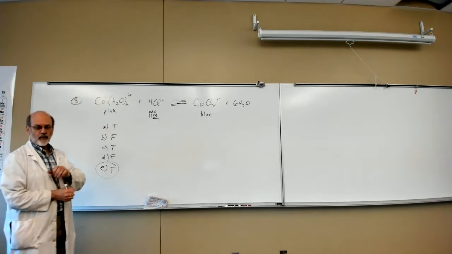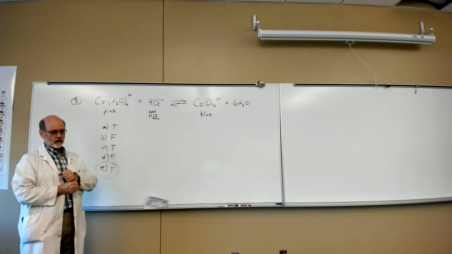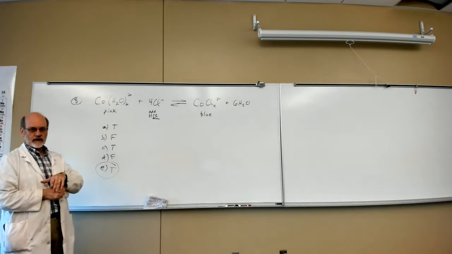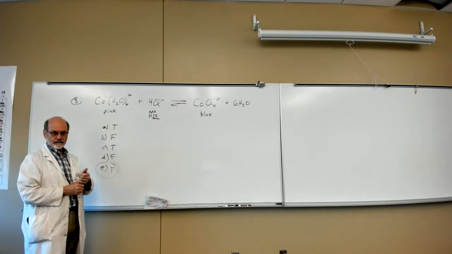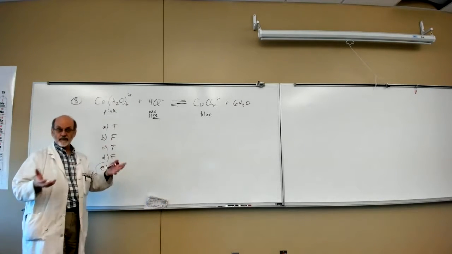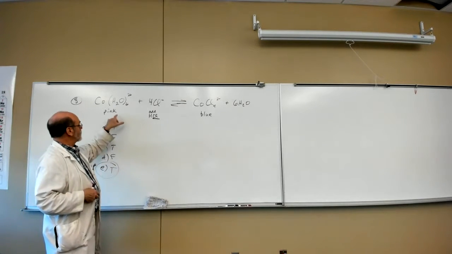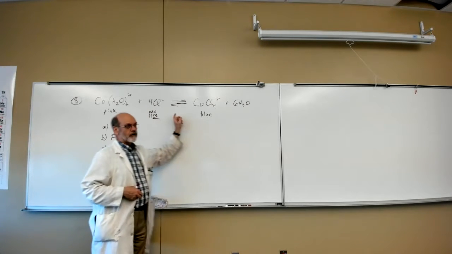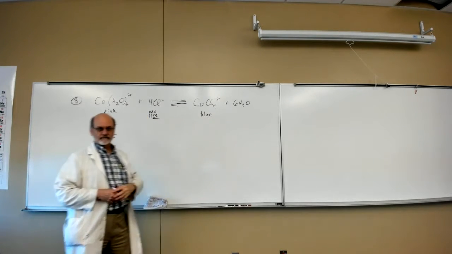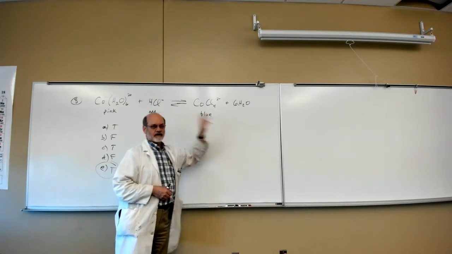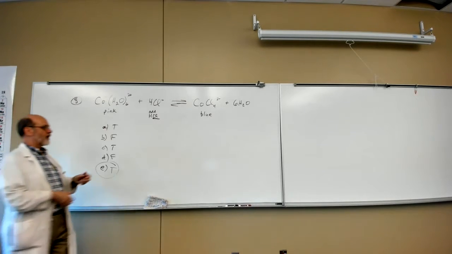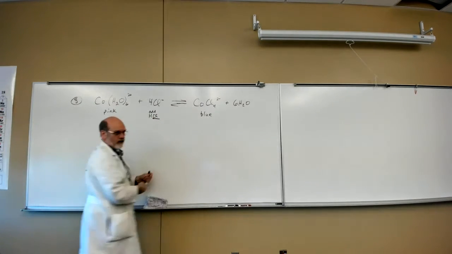If you're at a starting point and you're not told that it's equilibrium, then you have to calculate Q and compare it to the K. Another possibility is, if you're given reactants and there are no products, it's automatically going that way, right? If these are both zero, it's got to go that way. Or if you're adding these, it has to go this way.